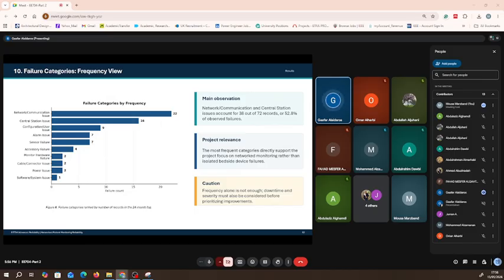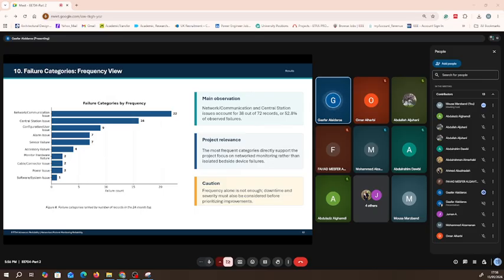This slide ranks failure categories by number of records. The two most frequent categories were network communication issue and central station issue. Together, these two categories accounted for 38 out of 72 records, which is 52% of all observed failures.